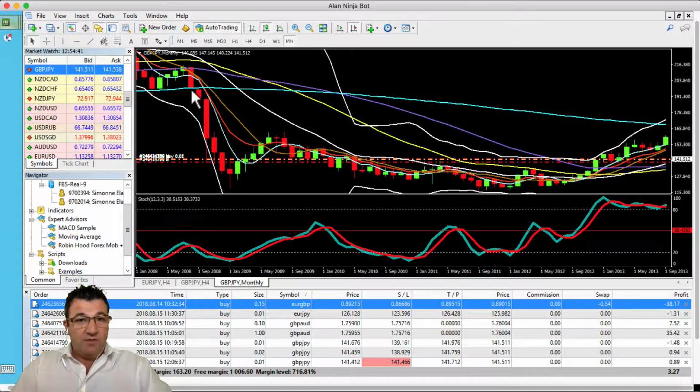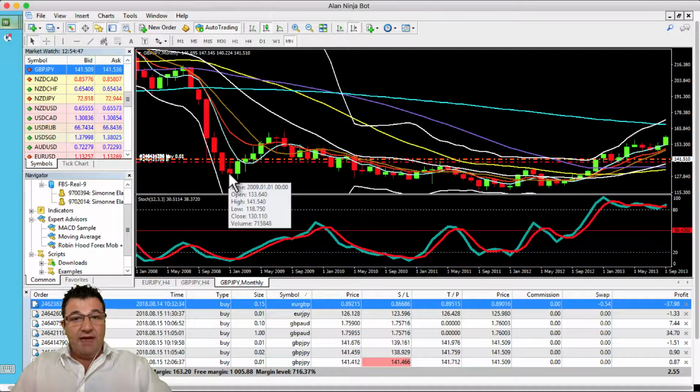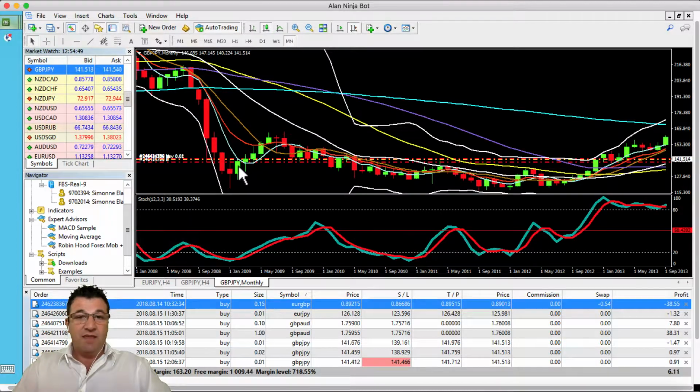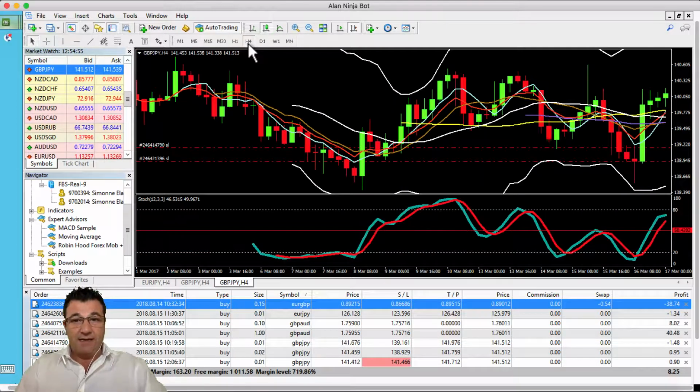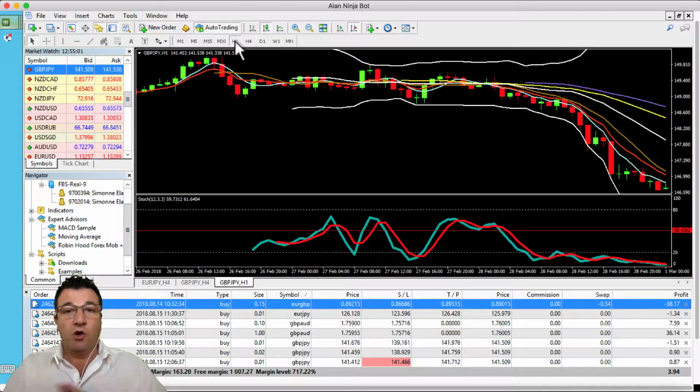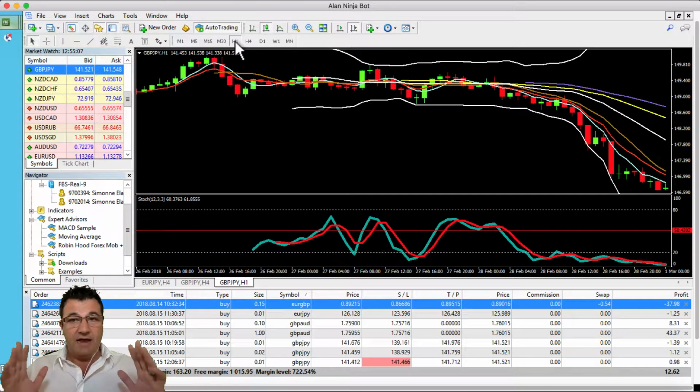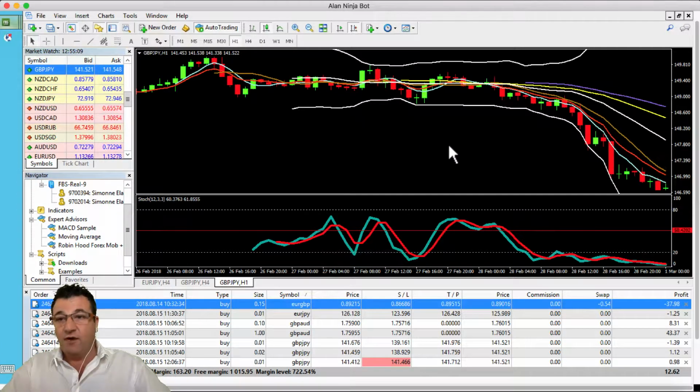There was very much a bullish trend over here, ending this month with a doji and then going into the next month into a bearish trade. But I'm going to look at a 4-hour chart to make it a little bit easier for us, or even a 1-hour chart. These signals work on all time frames and for all commodities, shares, and Forex as well.